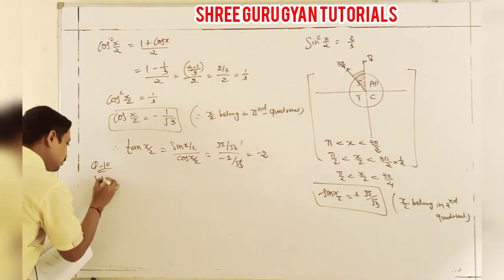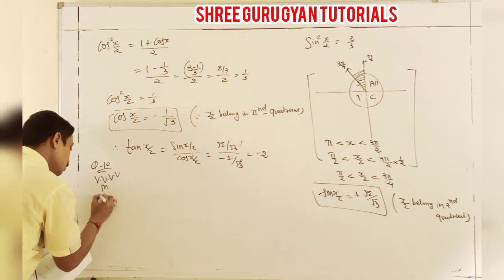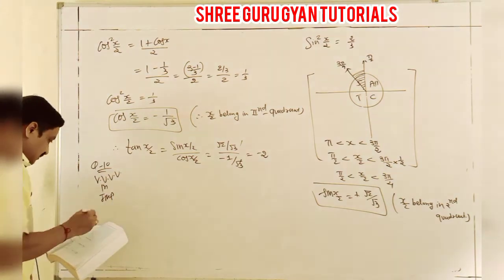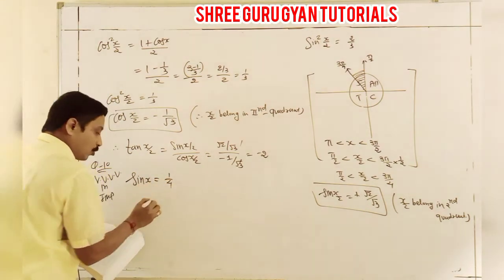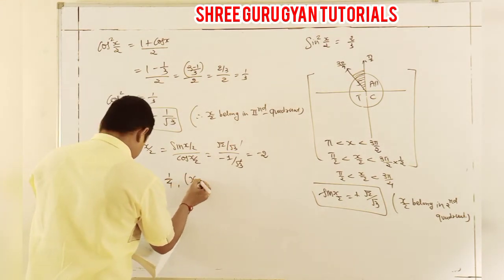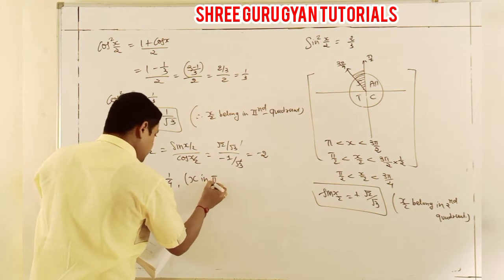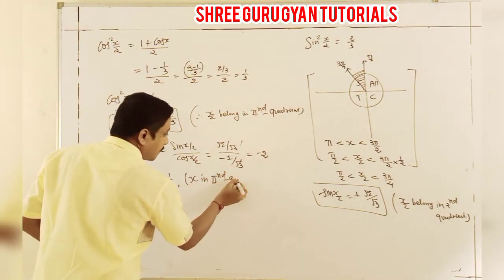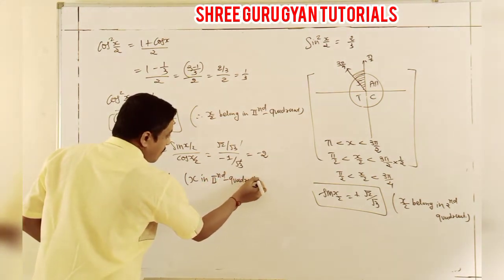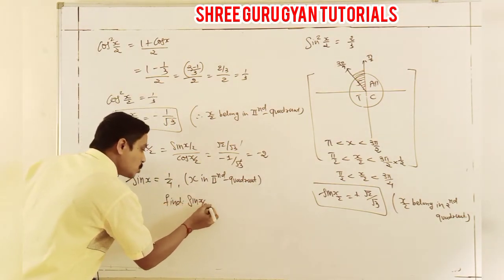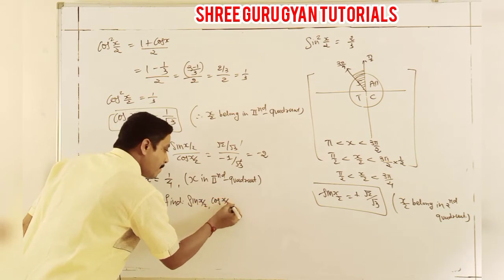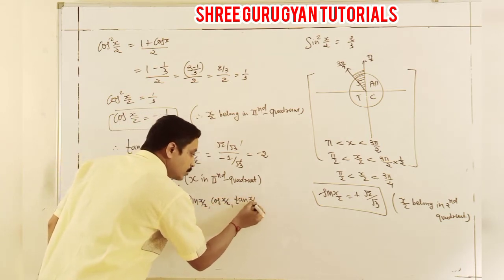Now the 10th one is a very important numerical. sin x is 1 by 4 and x is in the second quadrant. Then find out, students, sin x by 2, cos x by 2, tan x by 2.